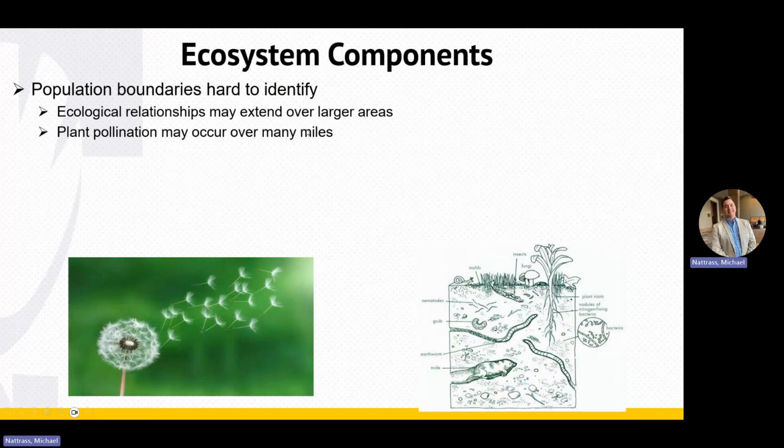All right, so moving into our ecosystem components, we have population boundaries, and sometimes those can be a challenge. We might get some encroachment, but if you think about this in a more centralized place, like let's say you have a garden at home, that garden has its ecosystem components, both abiotic and biotic.